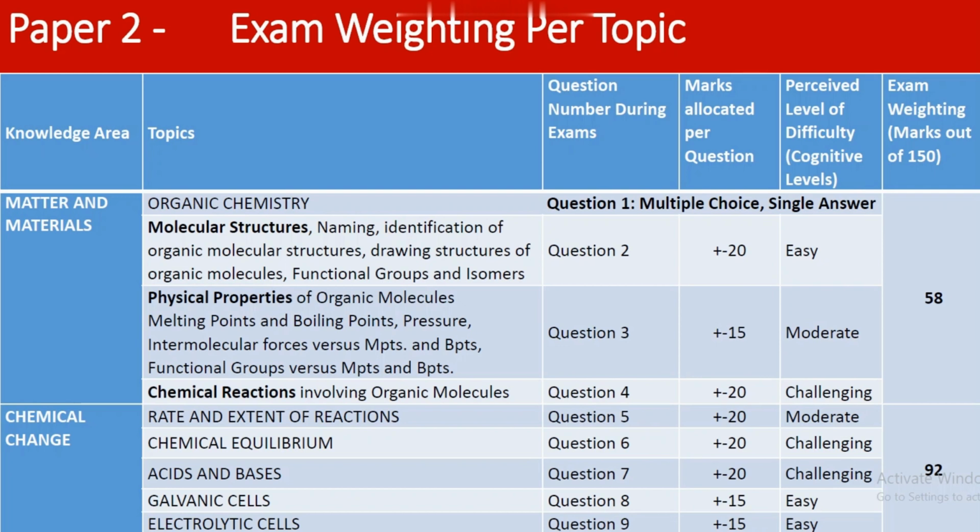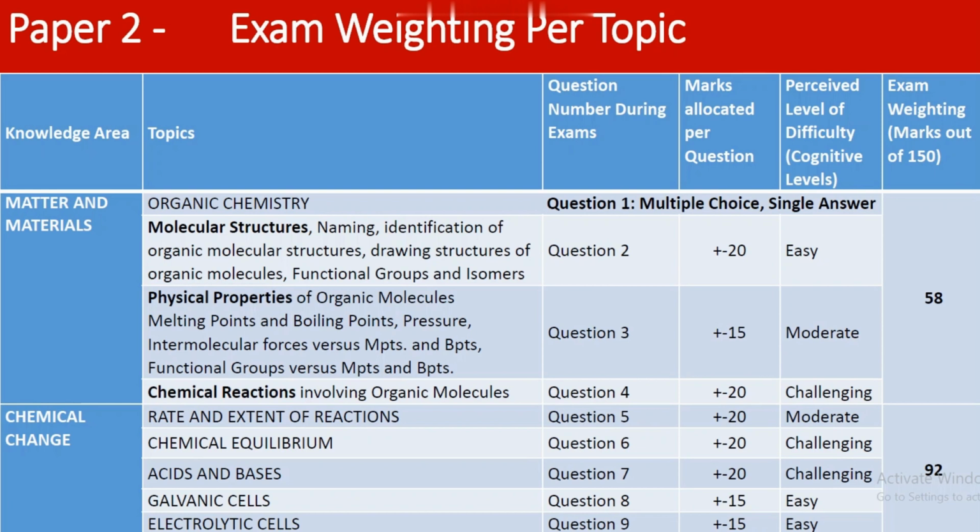The other thing you'll be required to do is to draw structures, especially structural formulas, and identify functional groups, naming functional groups and isomers. So that's the simplest, the easiest thing you can do in question number 2, focusing on molecular structures. Make sure you get things right 100% in this section, because the other sections are a bit more challenging than this. This is the easiest.